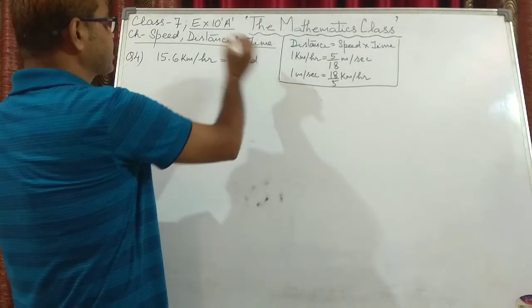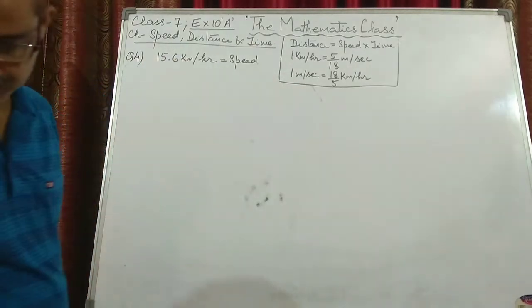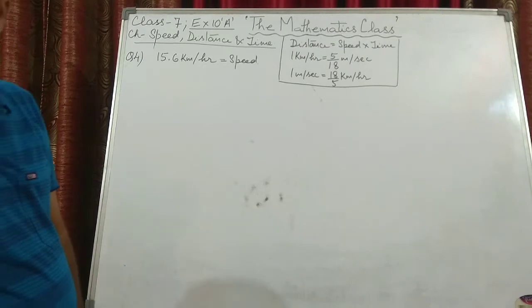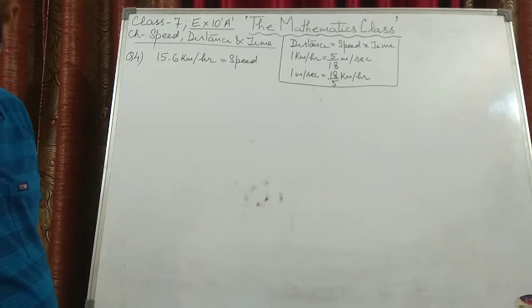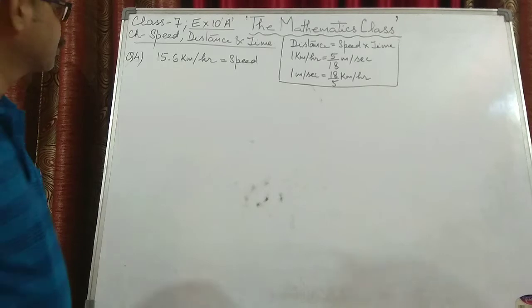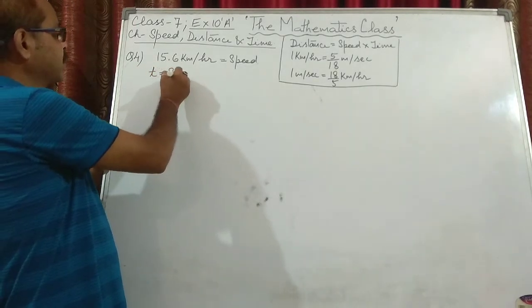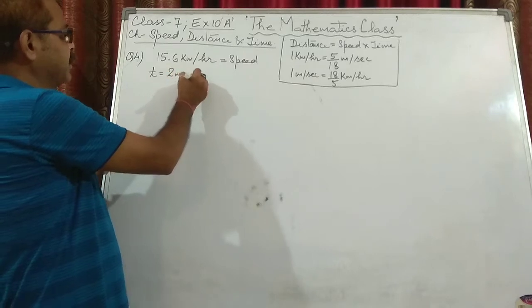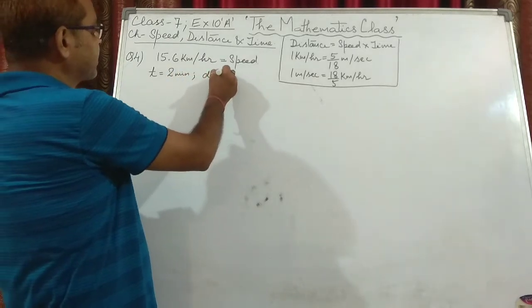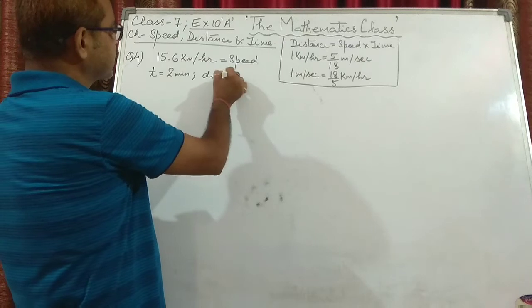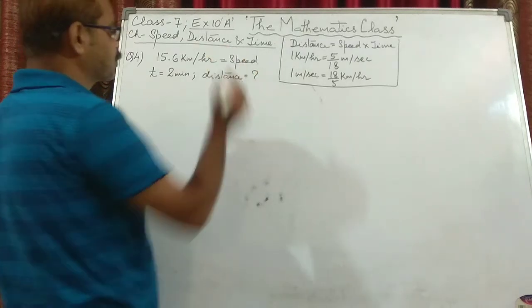Speed of Ayush is given 15.6 kilometers per hour. And then they say how many meters does he run in 2 minutes. Time is given 2 minutes. You have to find the distance traveled by Ayush.